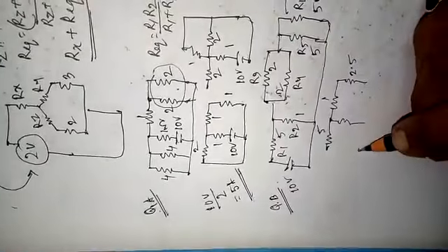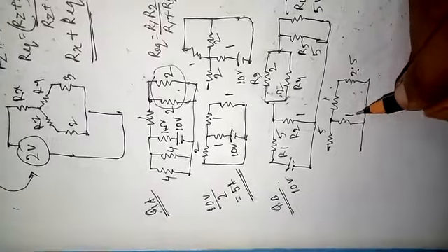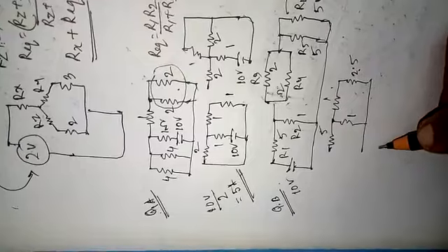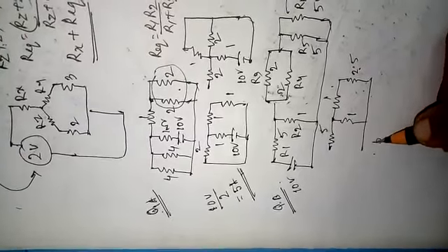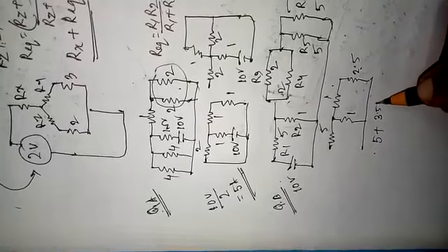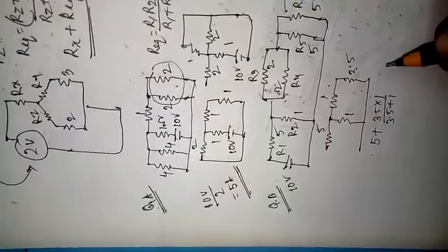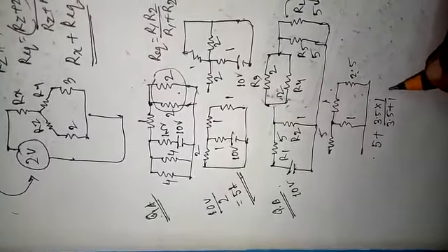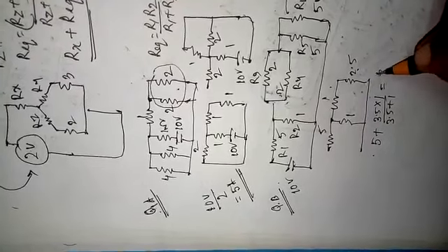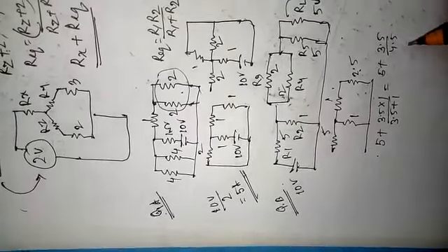So what is the circuit finally? That is 1 plus 2.5, so it is 3.5 and this is 1. So 3.5 and 1, finally I can do it: 5 plus 3.5 cross 1 by 3.5 plus 1. So it should be 5 plus 3.5 by 4.5.